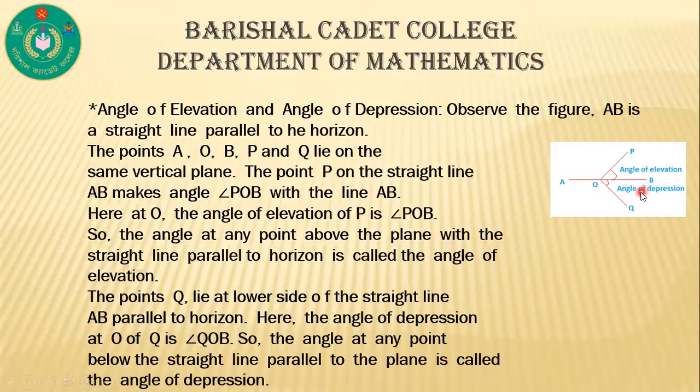So the angle at any point below the straight line parallel to the plane is called the angle of depression. Here BOQ is the angle of depression. So POB is the angle of elevation and BOQ is the angle of depression.